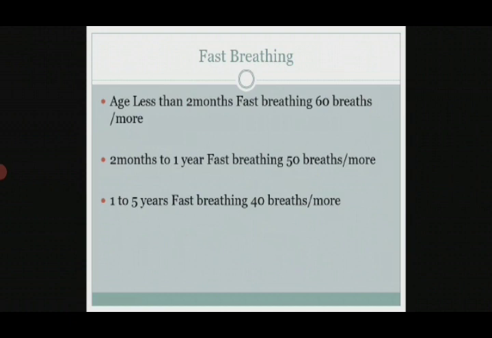In a child less than 2 months, fast breathing means 60 breaths or more. Child 2 months to 1 year, fast breathing means 50 breaths or more. Child 1 to 5 years, fast breathing means 40 breaths or more.